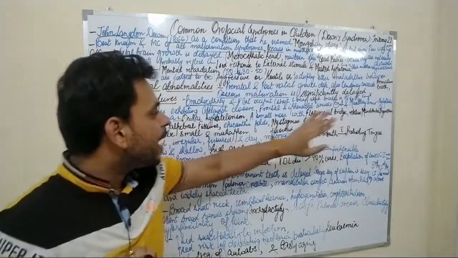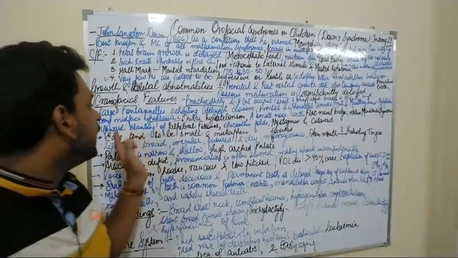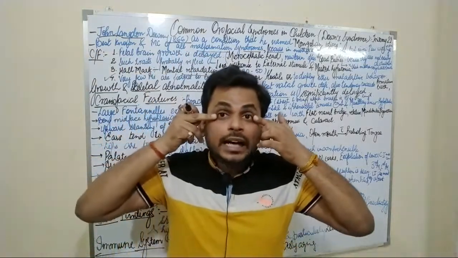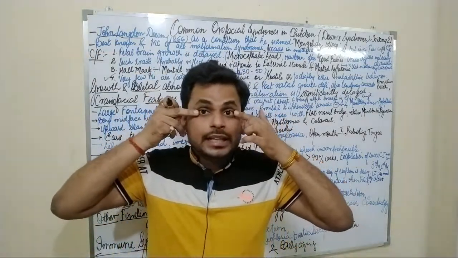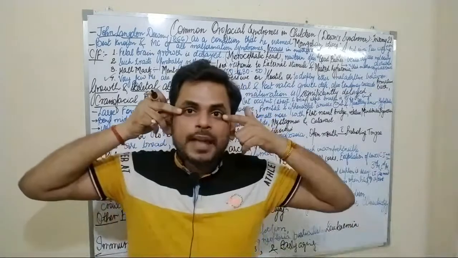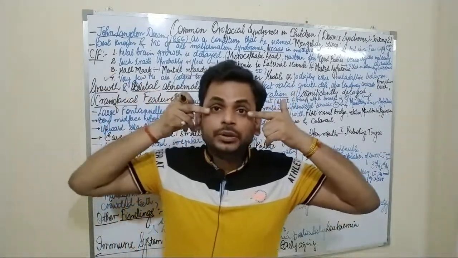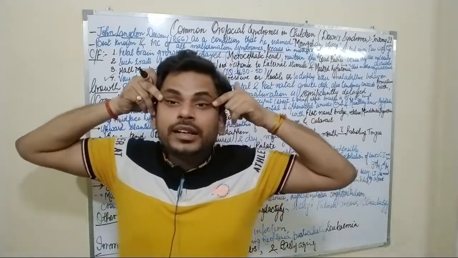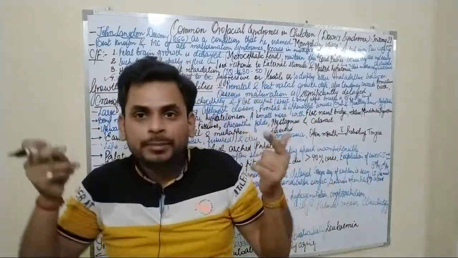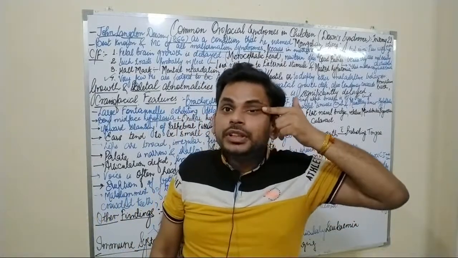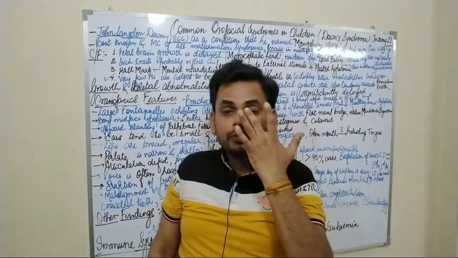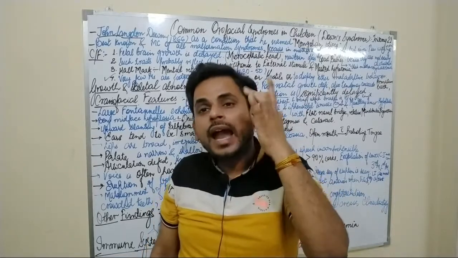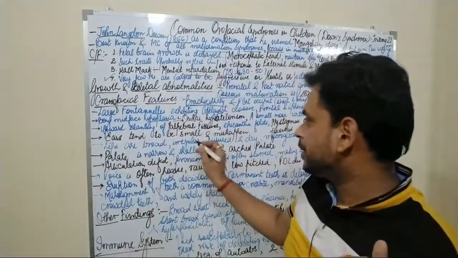So there is a relative mandibular prognathism, and there is upward slanting of the palpebral fissures. Now see, these are the sides, the edges of the eyes, these are the palpebral fissures. In patients of Down syndrome there is upward slanting of the palpebral fissures, meaning that when we draw a line from the inner canthus, we will find an upward slant of the palpebral fissures.